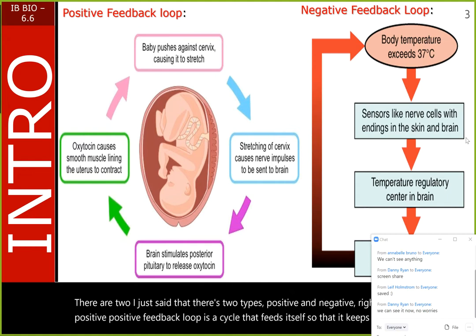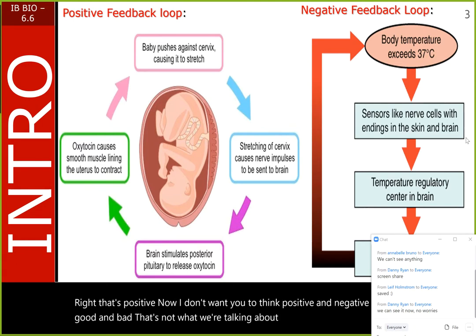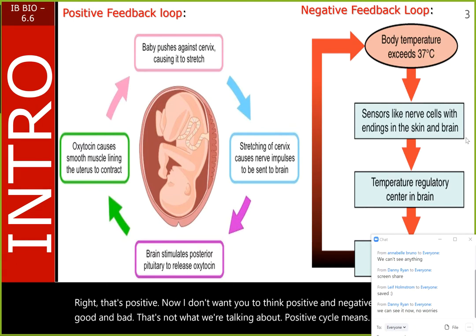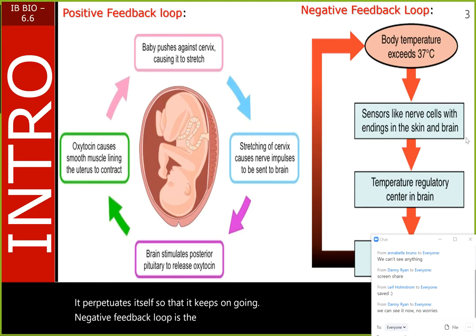Now, I don't want you to think positive and negative like good and bad. That's not what we're talking about. Positive cycle means it perpetuates itself so that it keeps on going. Negative feedback loop is the opposite. Negative feedback is where there's some sort of stimulus and then the response effectively ends the cycle.